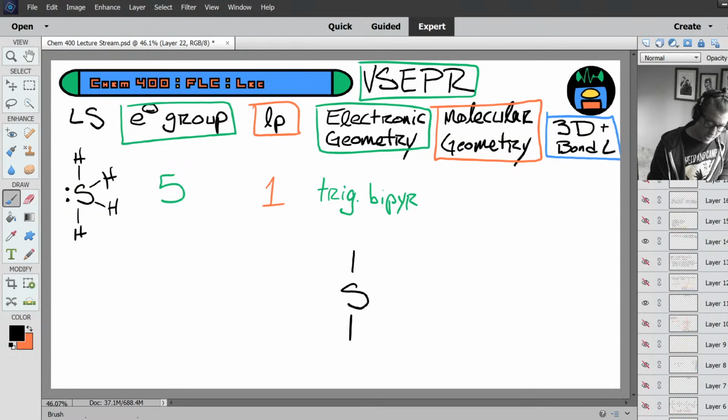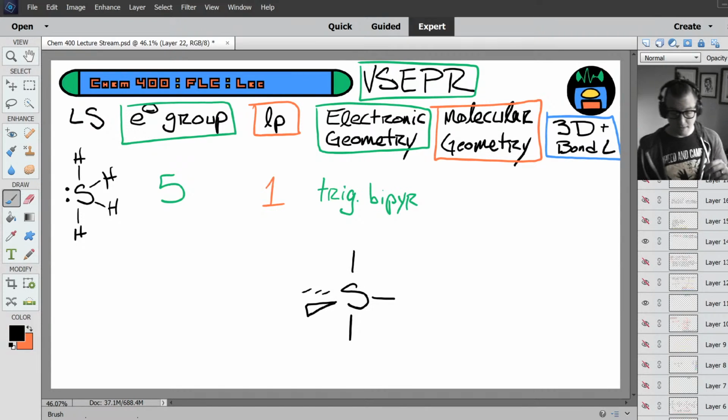You've got your 2 axial positions and then your equatorial positions, 1 in plane, 1 wedged, 1 dashed. It's called trigonal bipyramid because the shape is kind of two pyramids with 3 vertices sandwiched together.